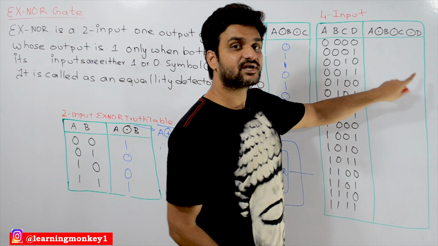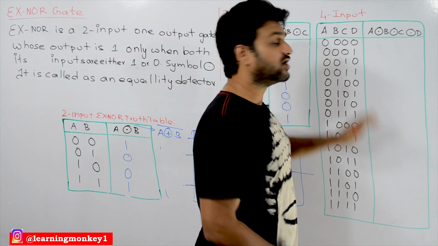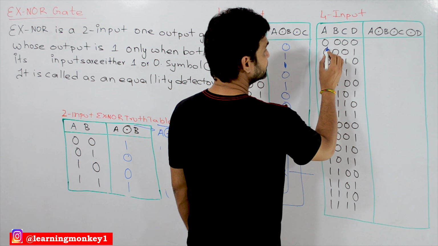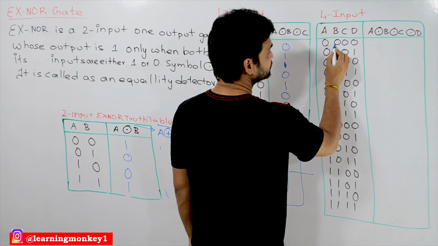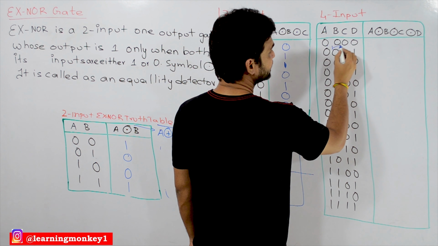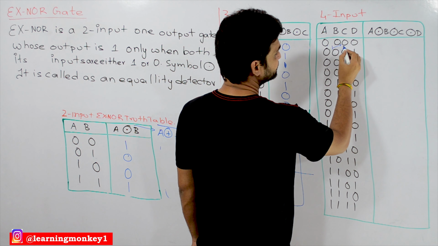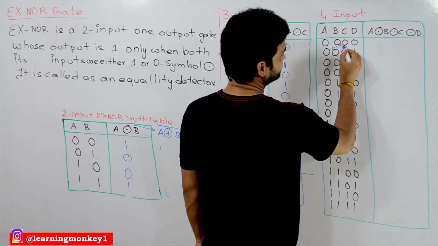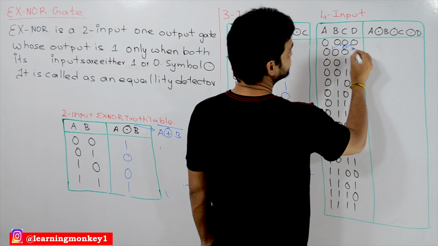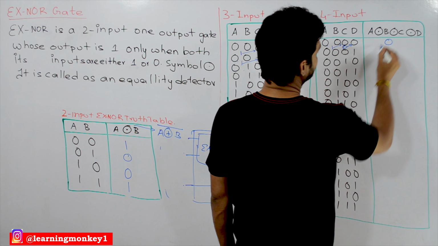Okay, in the same way, 4 input XNOR gates. 4 input XNOR gate, how the output will get generated. It is just take the XNOR of these two. So 1 XNOR 0 is going to produce a 0, and 0 XNOR 0 is going to be a 1.